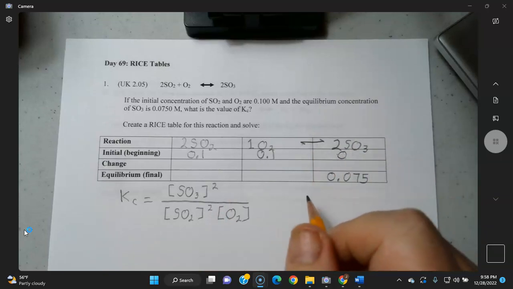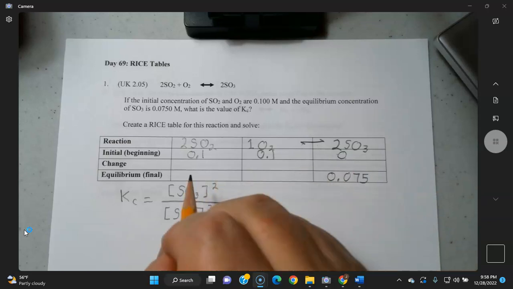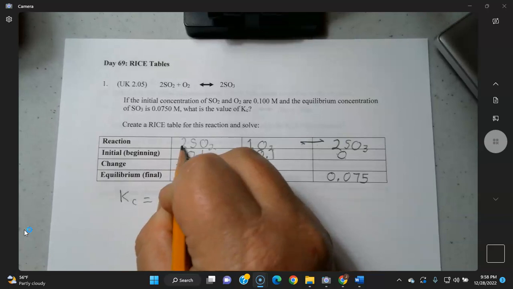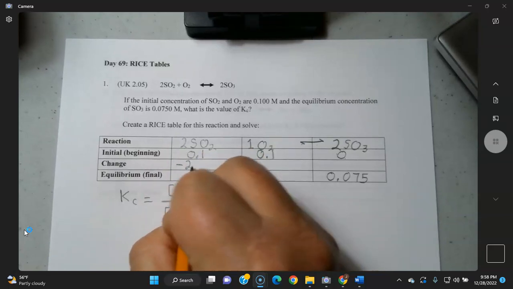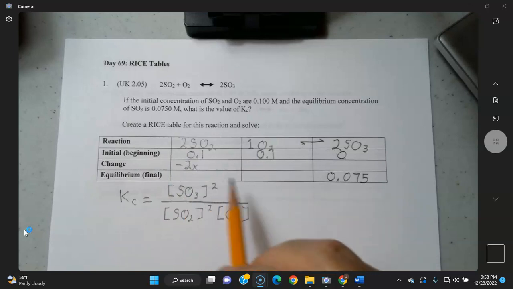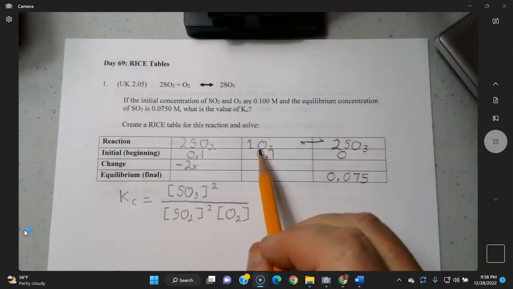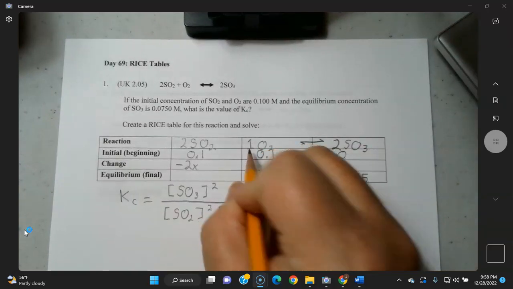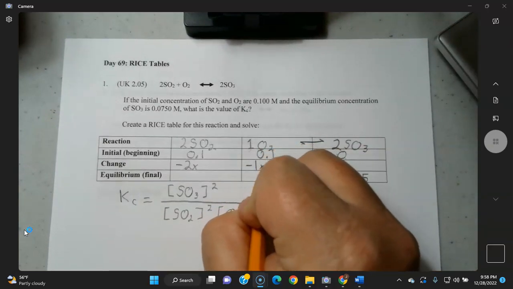All right, now our change line is always going to involve the algebra, involve the x's. So it's going to be minus, and there's a 2 here, 2 and an x. So minus because it's reactant, it's decreasing in concentration. Okay, over here, same thing. It's minus. There's a 1 coefficient there, and then x.